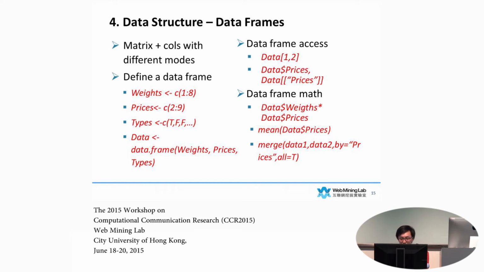Okay, wrong here. Actually, here it just creates a new column, so it must be wrong. Here this stringsAsFactors becomes a new column.